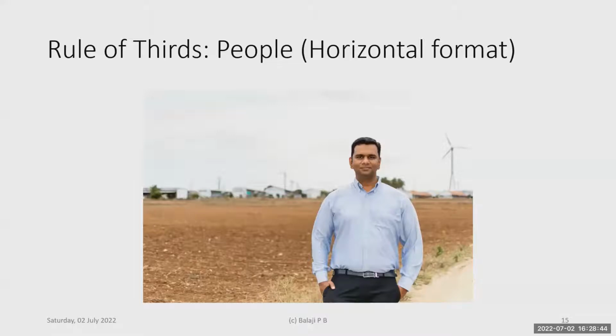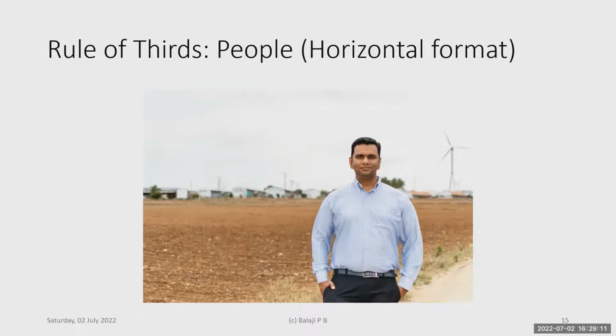One is the rule of thirds. If you're photographing people, or look at any image, it's always better not to place the subject of that image in the center of the frame.